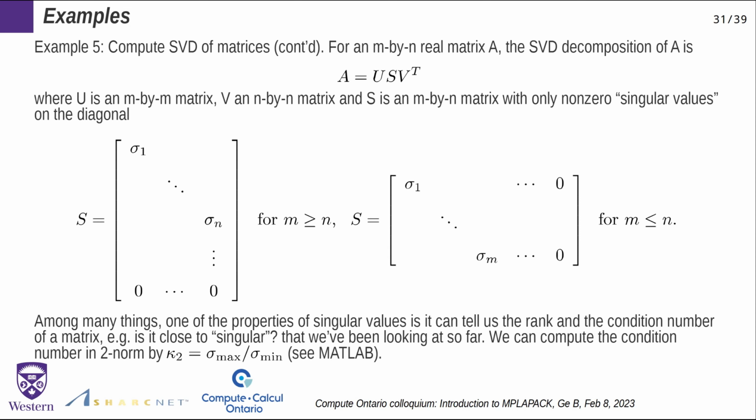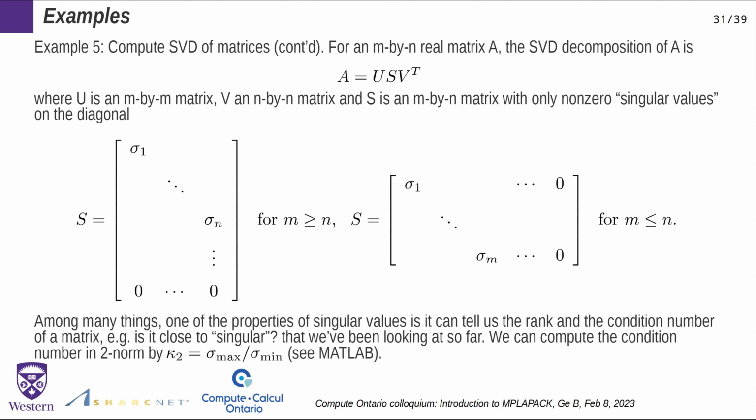For example, is it close to singular? So if we have 0 on the diagonal, or a singular value which is very, very small, then it is effectively considered singular from the machine precision point of view.